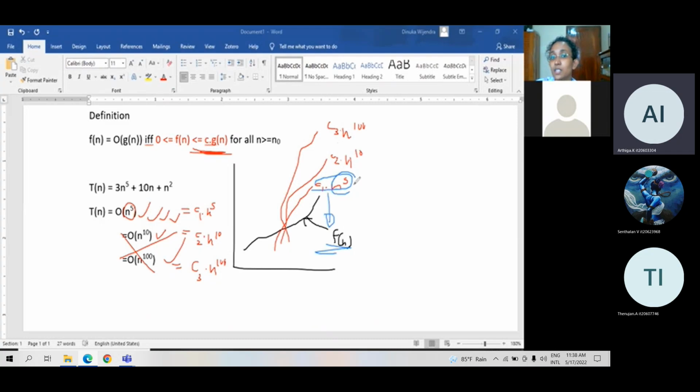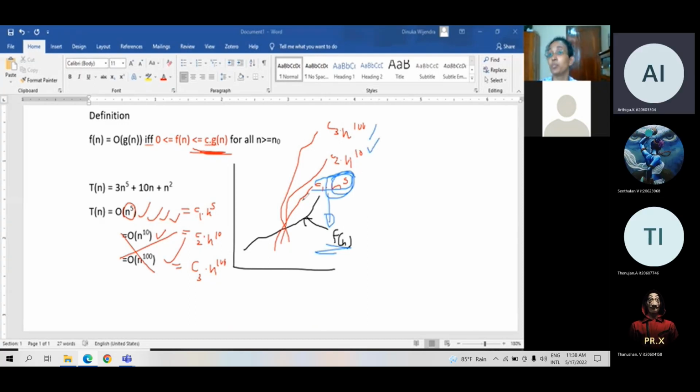That's why this answer is given the full marks. Apart from that, these two are also correct according to the graph because all three are upper. But from the exam point of view, you will be given full marks just for the answer which is closest to the original. That's how N^5 becomes the most applicable answer.